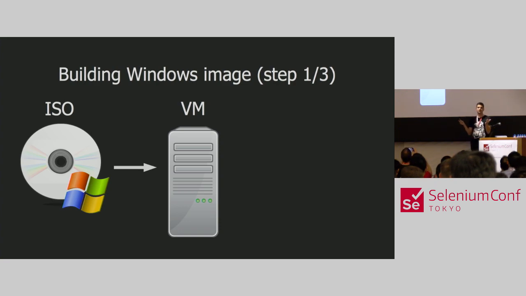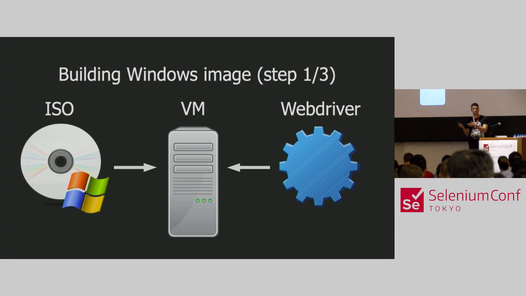Having Windows installed, we do additional configuration inside the virtual machine, like changing browser settings, editing registry entries, turning off anti-aliasing, and so on and so forth. At this stage, we also download to the virtual machine a compatible WebDriver binary version.